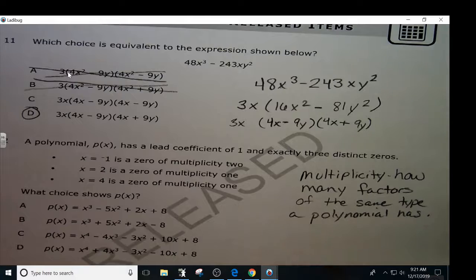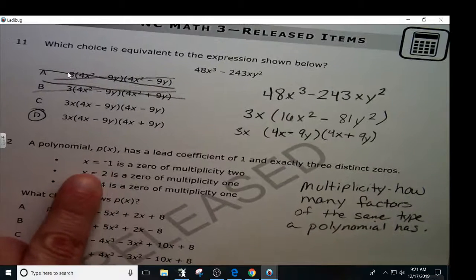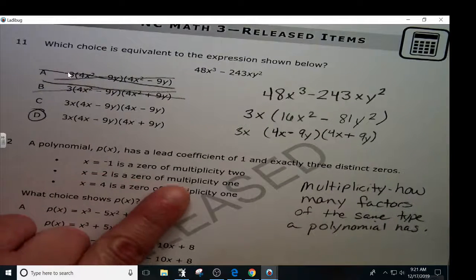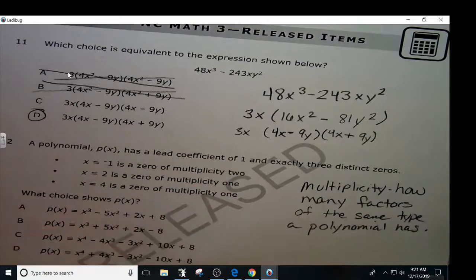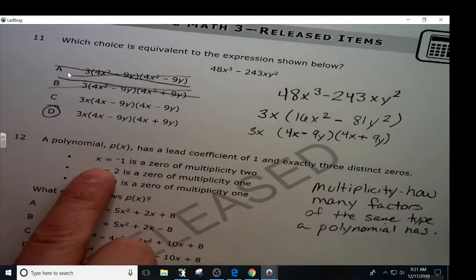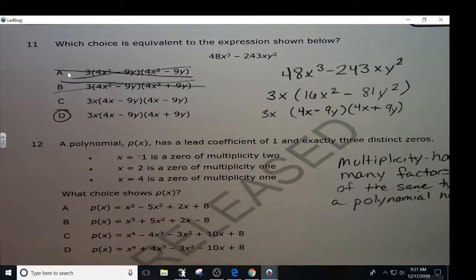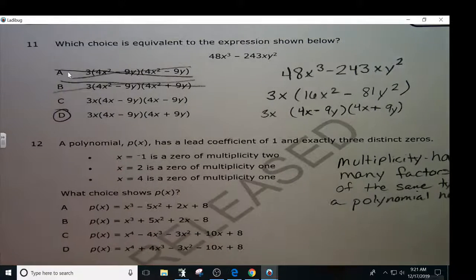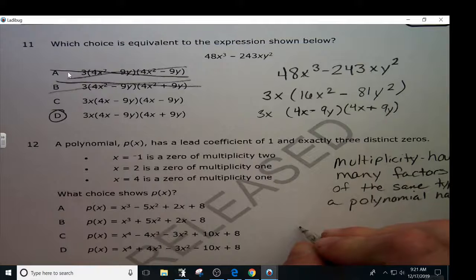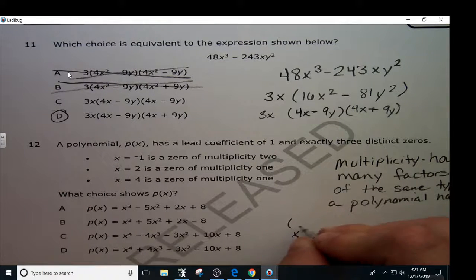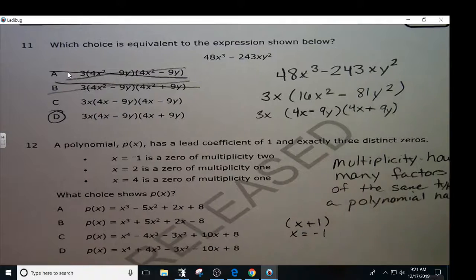Now, what that means is it says x equals negative 1 is a zero of multiplicity of 2. All right, now guys, to get a solution of x equals negative 1, what had to be the factor of that polynomial? If I had x equals negative 1, that would actually be x plus 1, right?